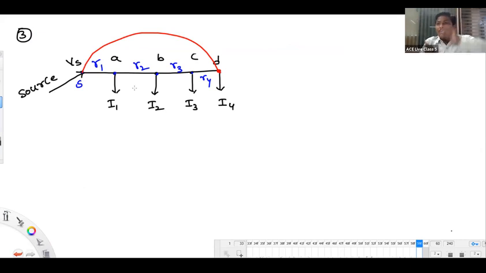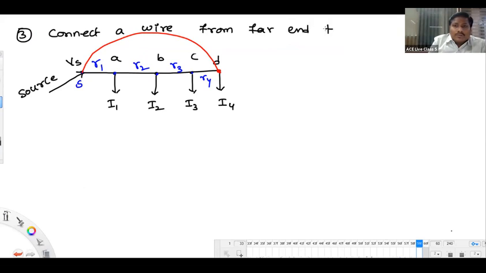Then obviously the remaining voltages are also going to be improved. So I can say here, connect a wire from the far end to the source.